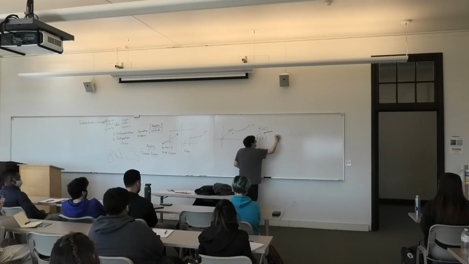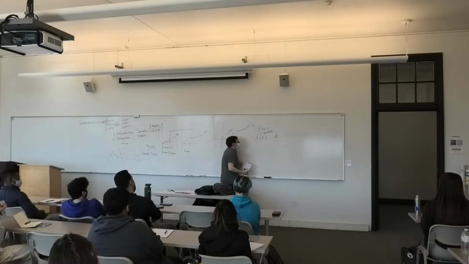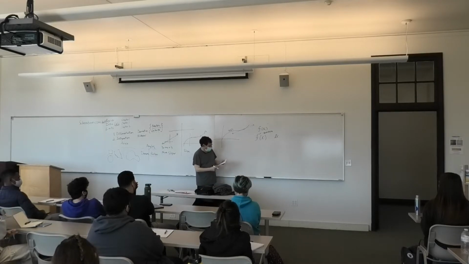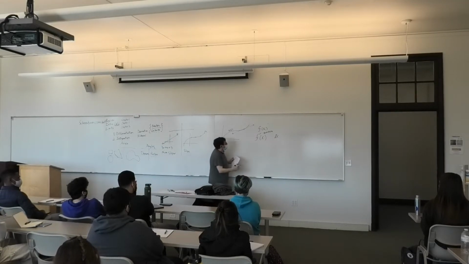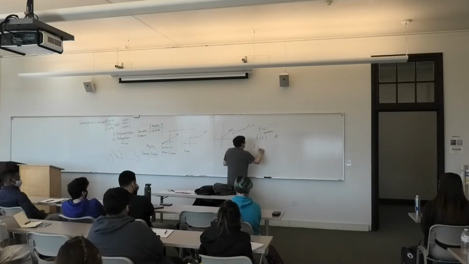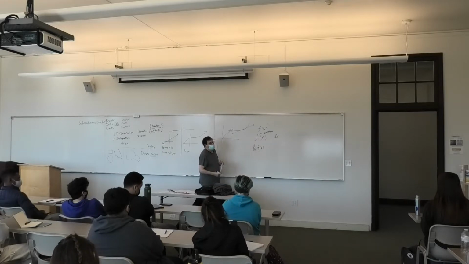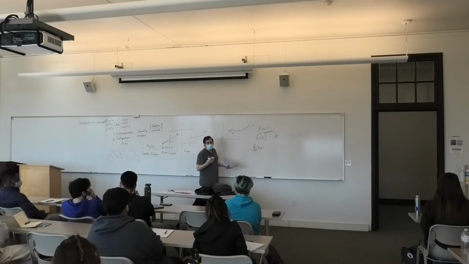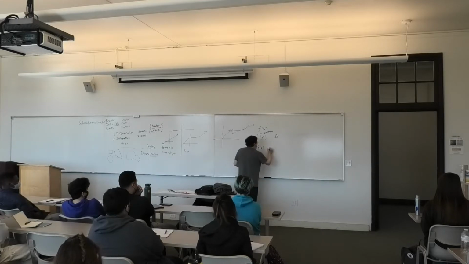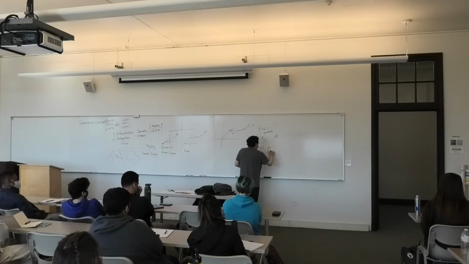That's the Newton way of writing this. The Leibniz way would be to say d/dx of f of x, or if we're talking about a function in terms of y, we might write dy/dx.